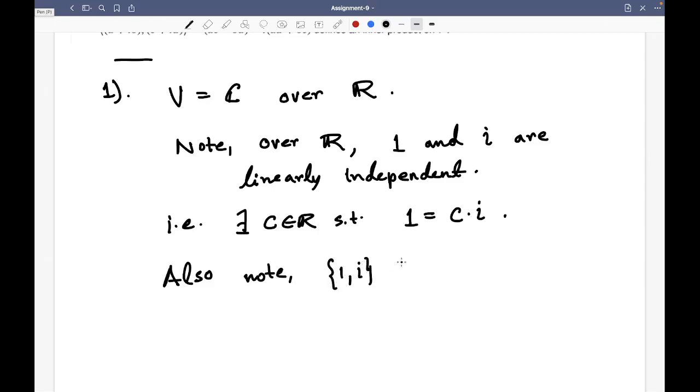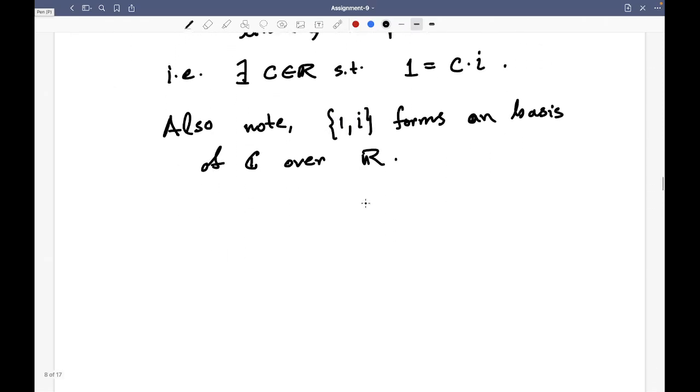1 and i form a basis of C over R, right? Why will this be a basis?